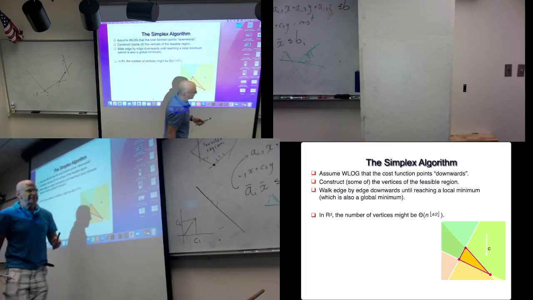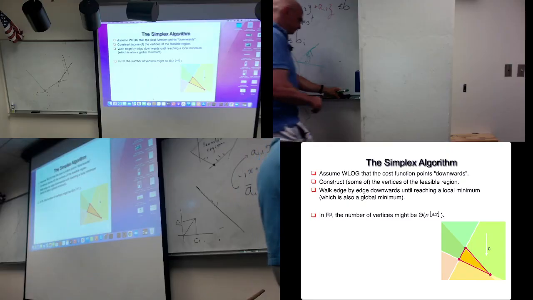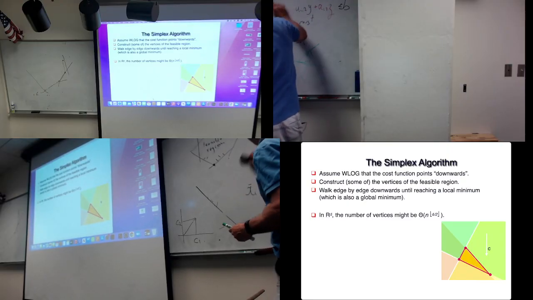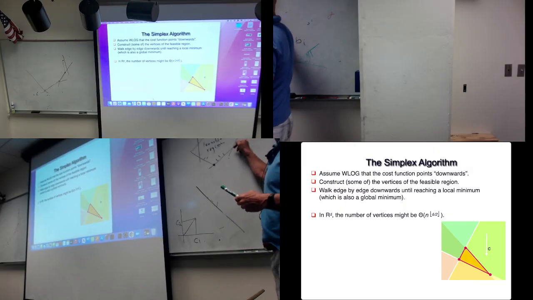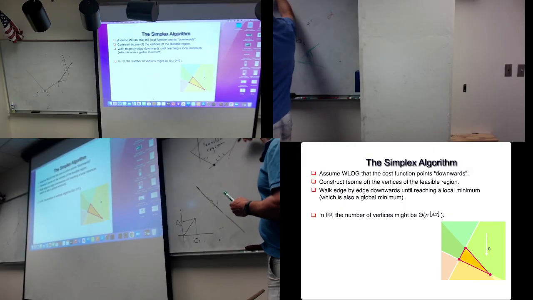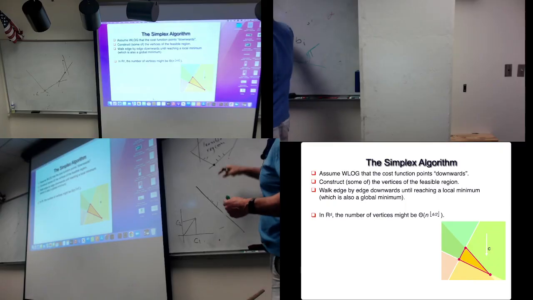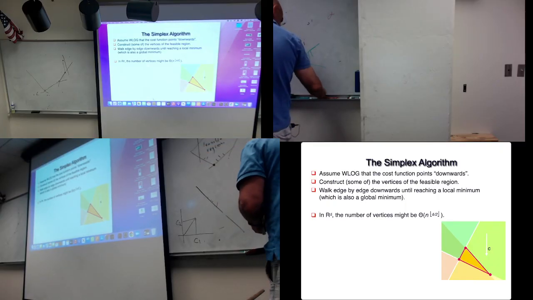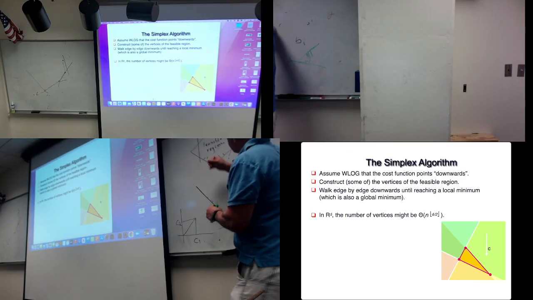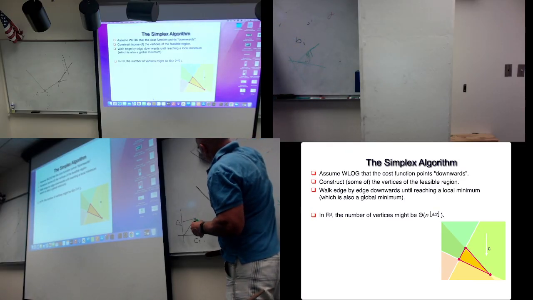Let's talk about the feasible region in 2D. Feasible region in 2D, I have half planes. All these half planes define a region, a polygon, which is convex, right?